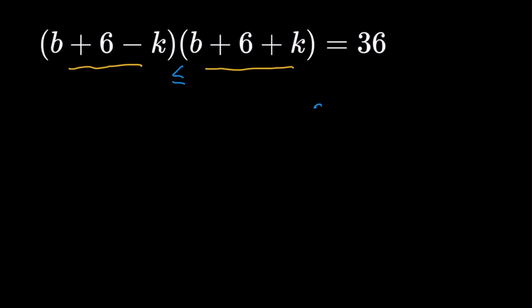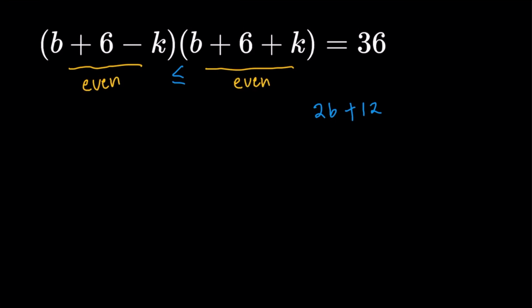They add up to 2b plus 12. So the sum of the two factors is even. That means the two factors are either both odd or both even. We can eliminate the both odd case because an odd number times an odd number is an odd number, so it cannot be 36. So it must be the case that our two factors are both even.